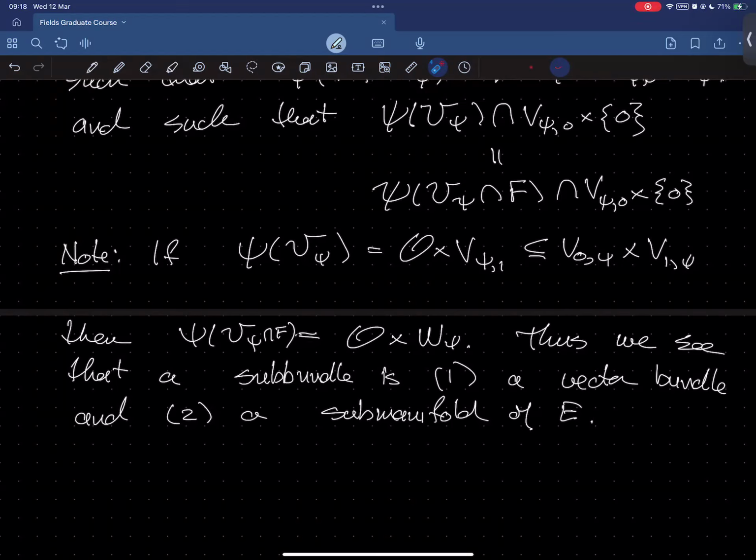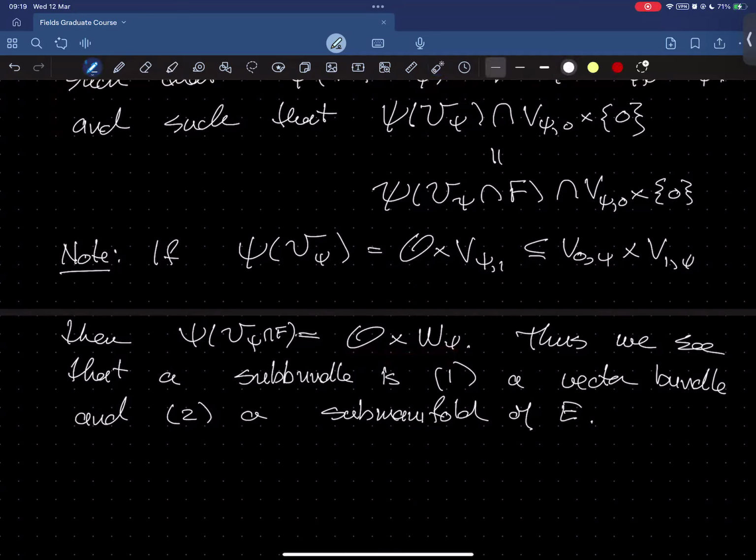Okay, so I'm saying thus we see, but there's a tiny bit of work to be done here to show that when you take a vector bundle atlas for E consisting of vector bundle charts, then these things form a vector bundle atlas for F. So you have to do those things, but I'm not going to.